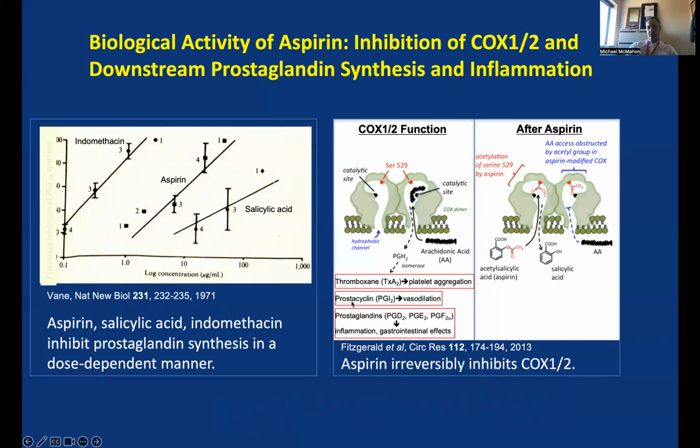And so here's just a cartoon to describe how aspirin comes in, acetylates the serine 529 site, and then after this acetylation, this blocks the active site, and so the prostaglandins, such as from arachidonic acid, cannot be synthesized.